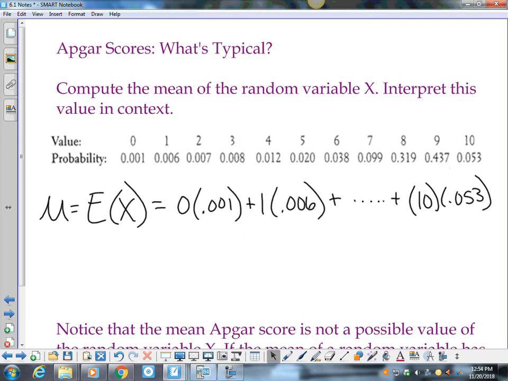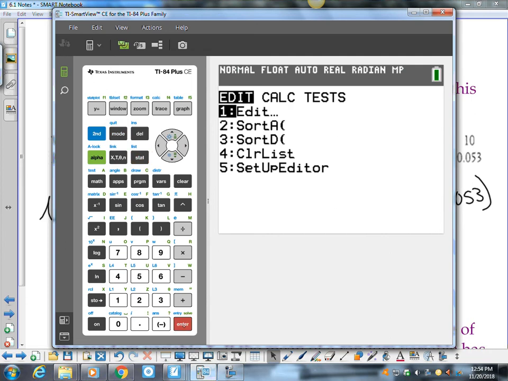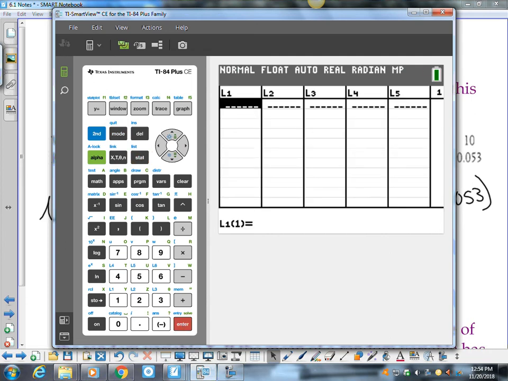Everybody got it? Now go to your calculator. Go to Stat, Edit, type in your Apgar scores into your L1, the probabilities into your L2.